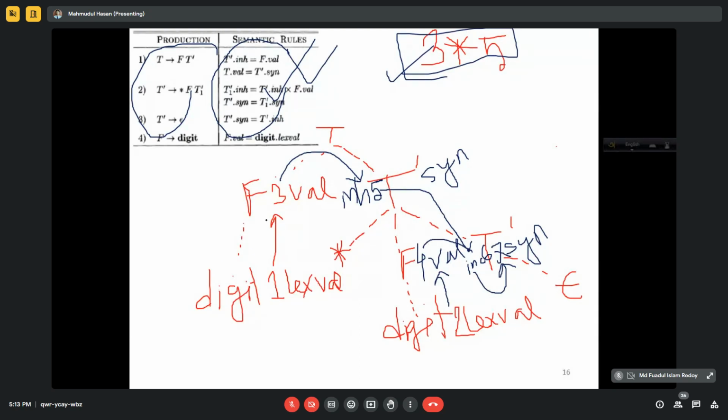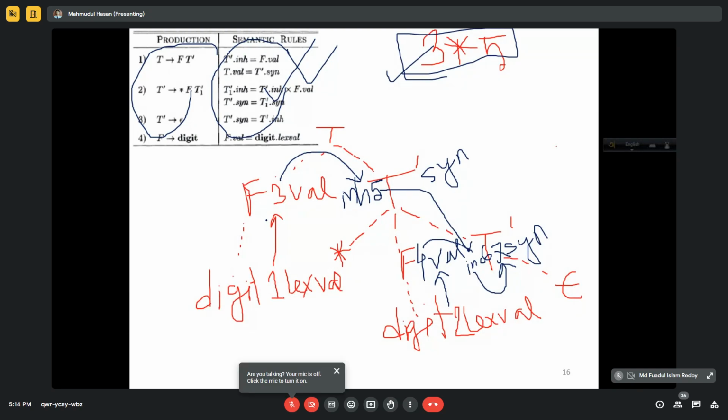Just a little bit of difference. In the previous one we needed to show the value, but in this one we need to show the direction, how the value actually transfers from one symbol to another symbol.